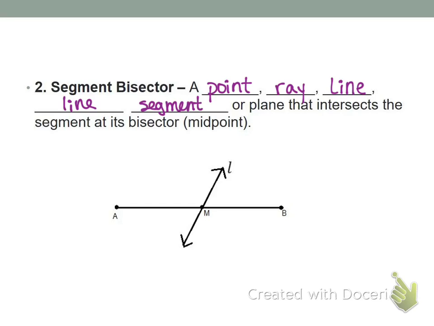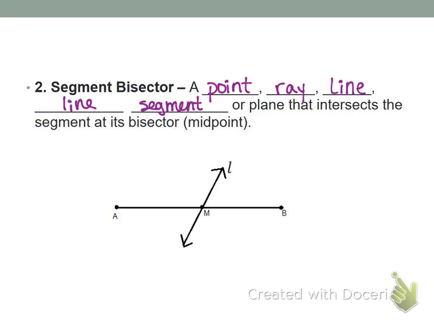Segment bisectors get a little confusing because we have two objects we're talking about. One object is doing the bisecting. That could be the point, ray, line, line segment, plane. The other object is what is getting bisected. To be bisected means it's getting split into two congruent pieces.